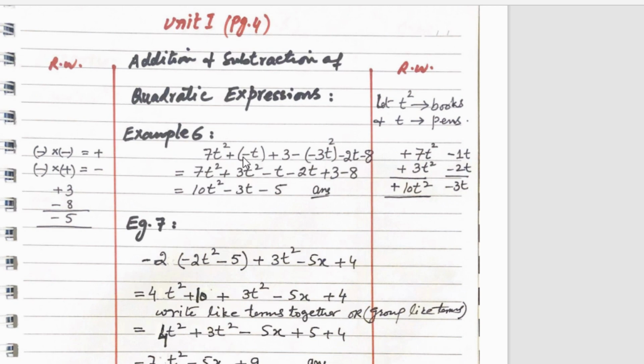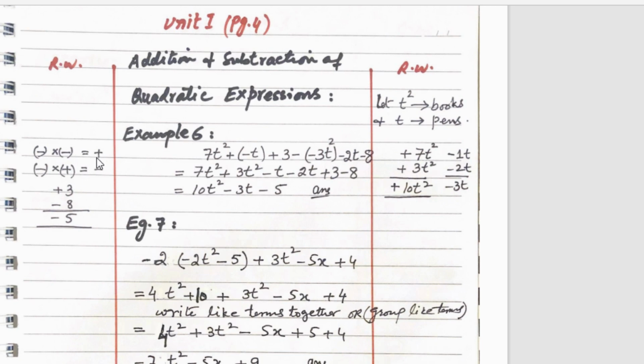Okay, now come to terms with variable t. Plus multiplied by minus: when a plus sign is multiplied with minus, it will give you minus. When a minus sign is multiplied with minus, it will give you a plus sign, right? I'm talking about sign, not addition of the terms. Plus does not mean addition of the terms.